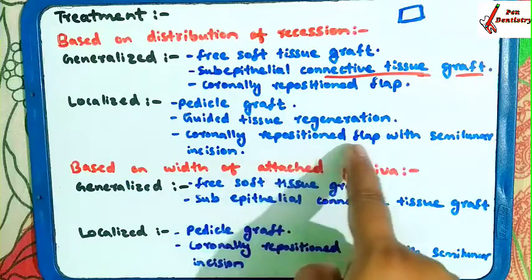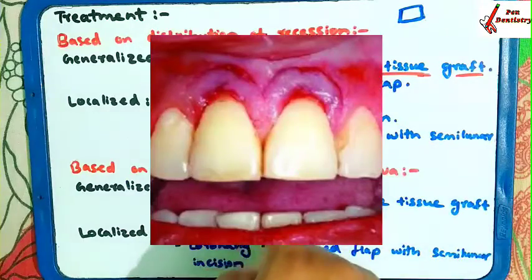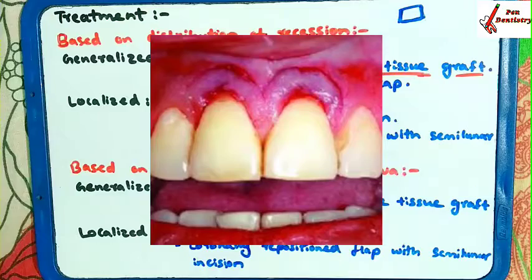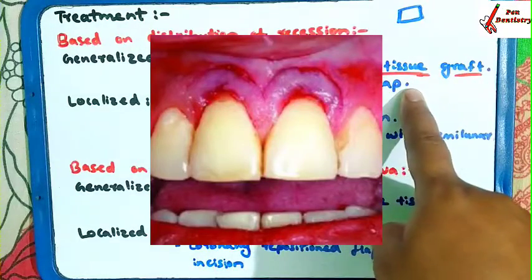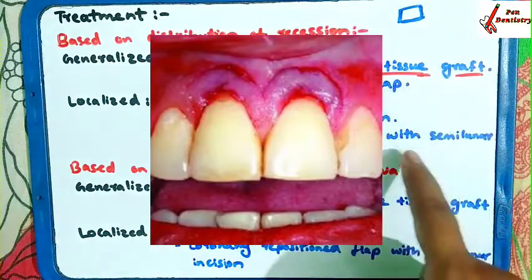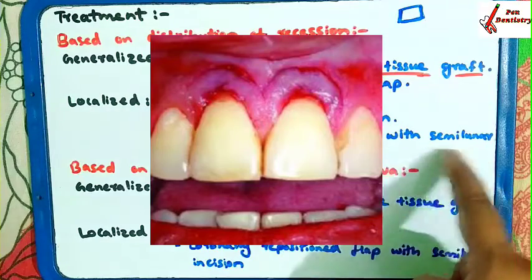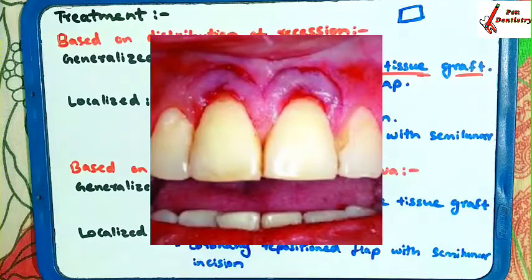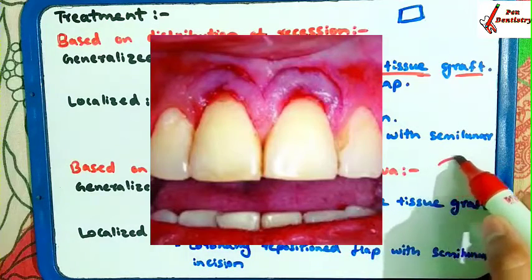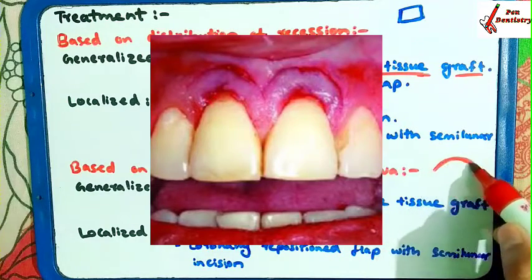Coronally repositioned flap with semilunar incision. As I have told you, here also we use the coronally repositioned flap, but in a localized one, a semilunar incision is made. Semilunar incision is an incision in a moon shape.